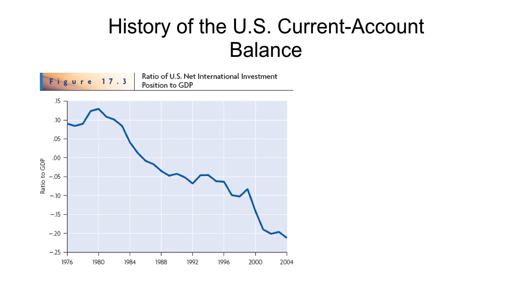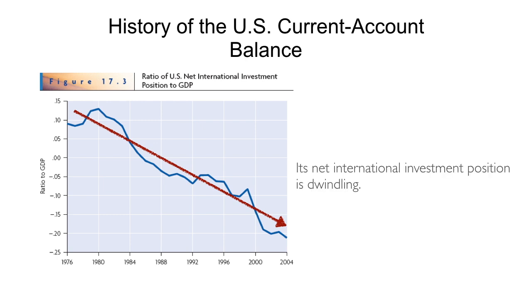So that's why we can see from figure 17.3, which is the ratio of U.S. net international investment position, BF, relative to GDP, that this ratio is decreasing over time, which reflects the current account deficit that we see after 1975. So the U.S. net international investment position is dwindling after that.